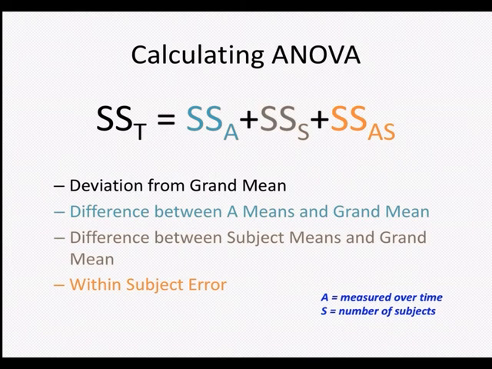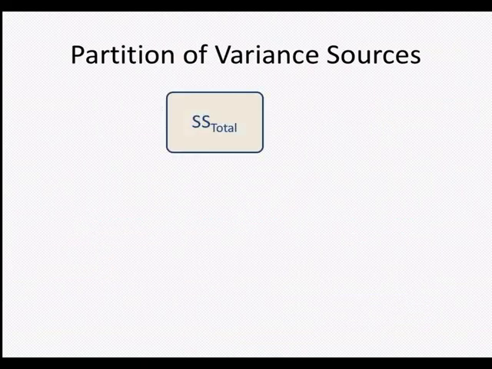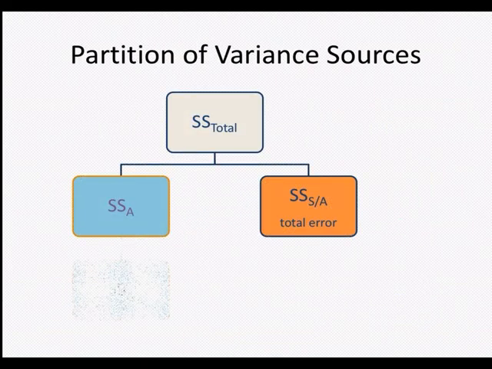So these are the components of the sum of squares. For repeated measure, sum of squares total equals the sum of squares of the repeated measure IV, and then the sum of squares between subjects, and then the error term. So there's a sum of squares between subjects, which is new. And so this is how it looks.